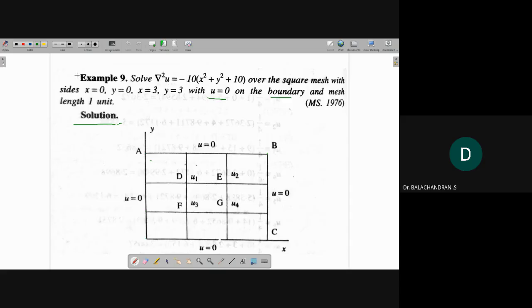So first, you should write the formula. What is the formula?